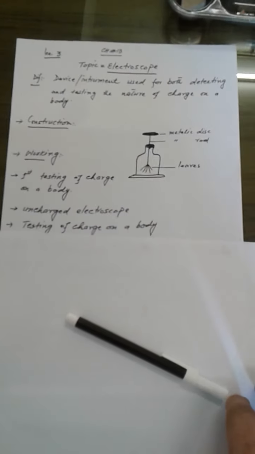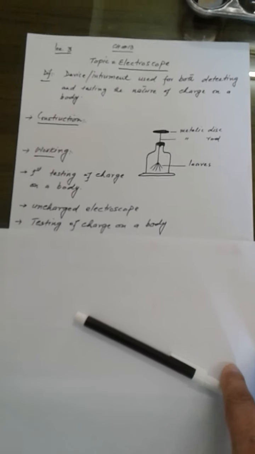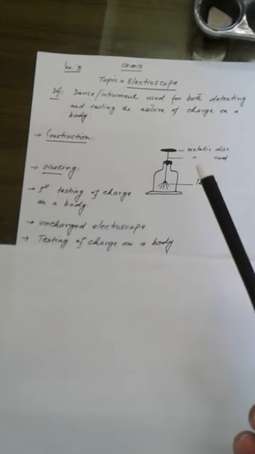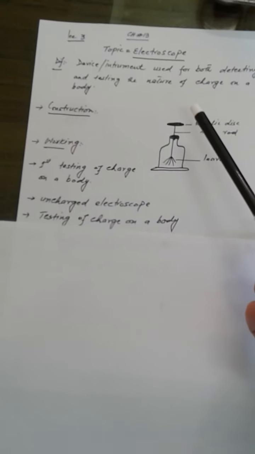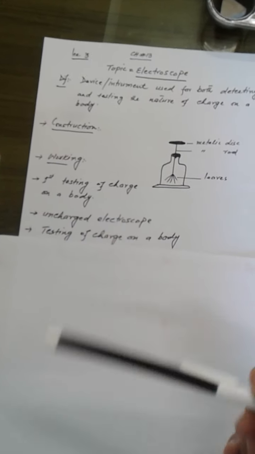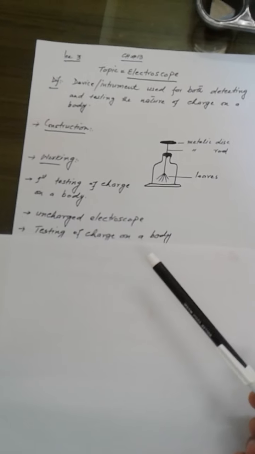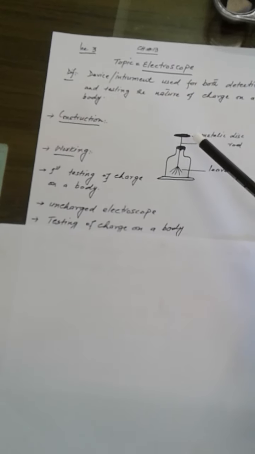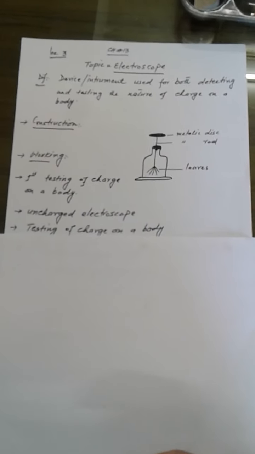What is the physics behind this divergence or no divergence? The reason is that if this pen is a charged body and I bring this pen near the disc, then due to the electrostatic induction phenomenon that we have discussed in a previous lecture too, the charges on the disc, rod and leaves will be distributed.